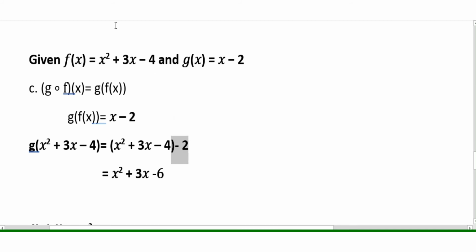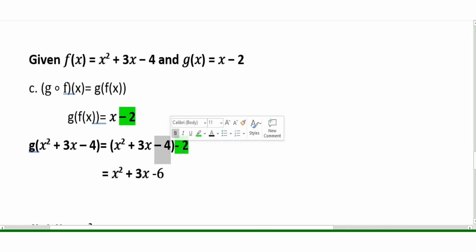Tandaan nyo po yan, ha? Minus 2 po yan. Alright. So, parehas po yan sila, ha? Baka malilito kayo. Yan lang po ang kaparehas niya. Tapos yung x, pinalitan po natin ng x squared plus 3x minus 4. That's why we have x squared, and then we have 3x, and then we have minus 4, tapos minus 2, we have minus 6.